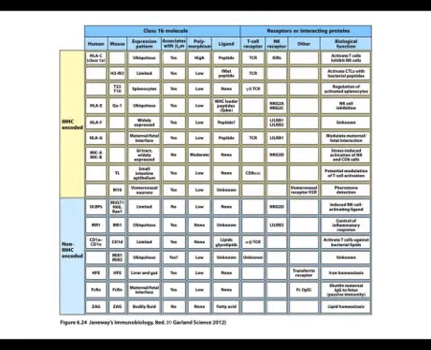There is a very nice table at the end of this chapter that has all these class 1B molecules. Again, I would disregard anything that is specific to mice, but I would pay attention to all the human ones and get a sense for what it does.